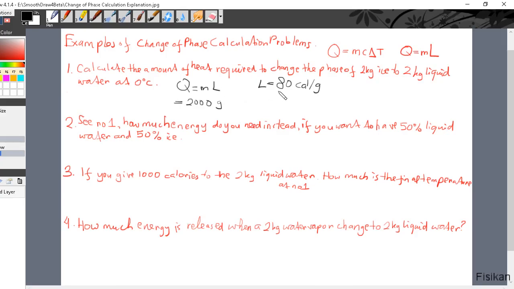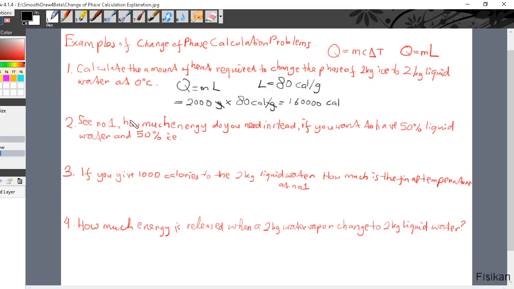And then the latent heat is 80 calories per gram. And then you will get 160,000 calories by cancelling the gram here and the gram there. So this is the final answer of number 1.